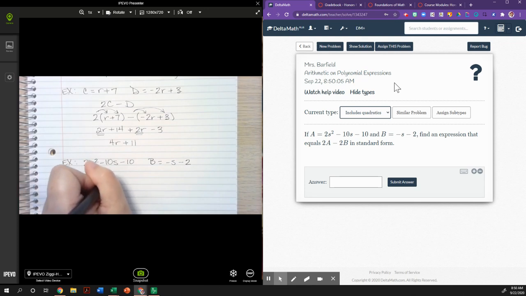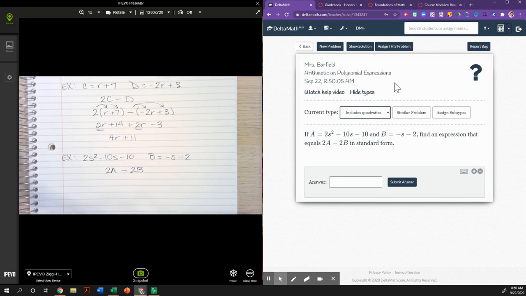And this time we want to know what 2a minus 2b is. Okay? All right, so same idea. So really the key part of this assignment is that when you replace a, put parentheses around it. There's no parentheses here, but you want to put parentheses in the next step. All right, so 2s squared minus 10s minus 10 minus 2 parentheses negative s minus 2.